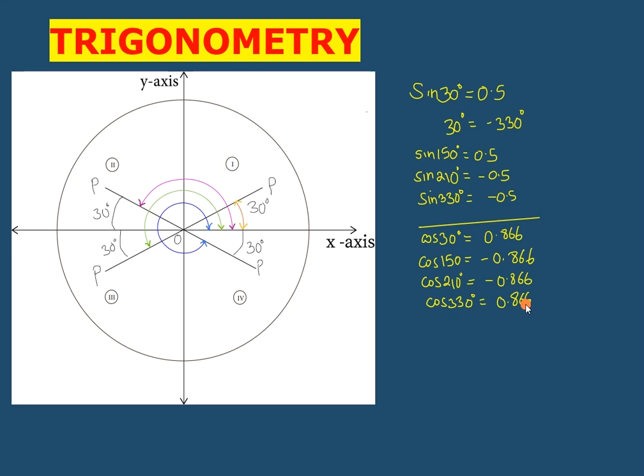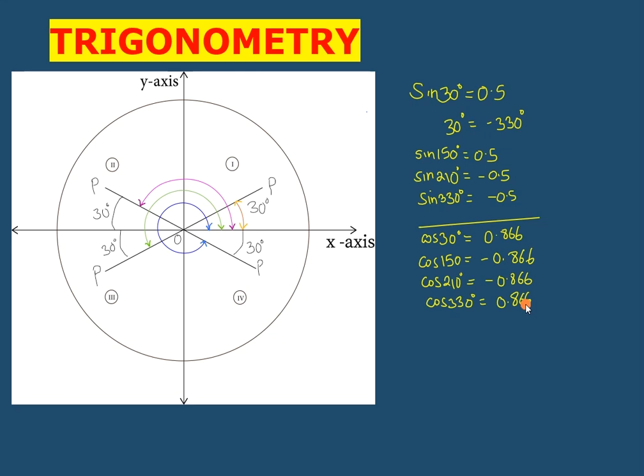For example, the sine of 30 is positive because 30 is in the first quadrant. The sine of 150 is 0.5. It is positive because sine theta is positive in the second quadrant. The same applies to the third quadrant and the fourth quadrant.